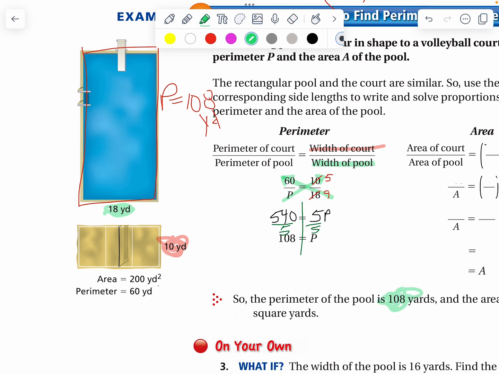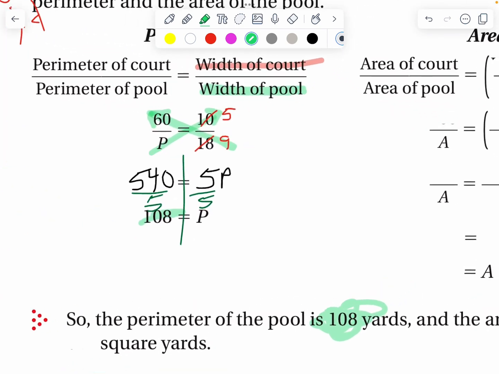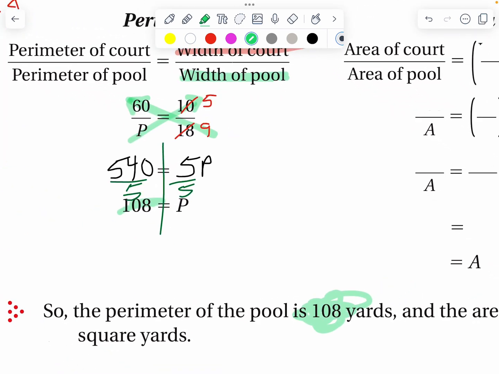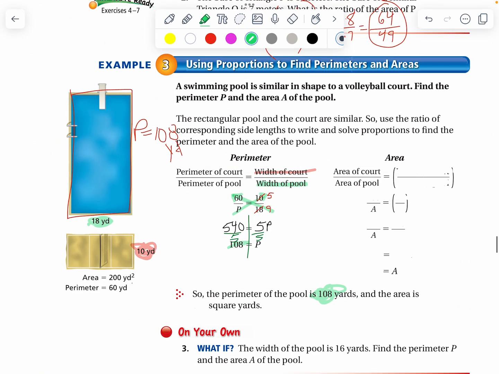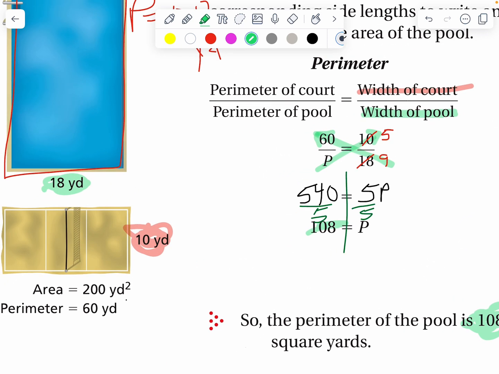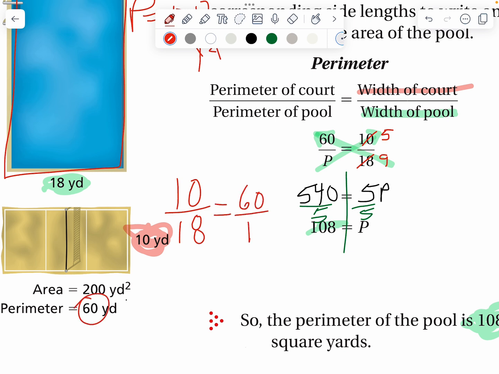It's right there, 108, just like we got 108. I'm losing my mind. All right, so that is the perimeter. We just used the perimeter. We used the 10 right here. We used 10 to 18 equals the 60 right here to the P, okay? That's what this was, okay?